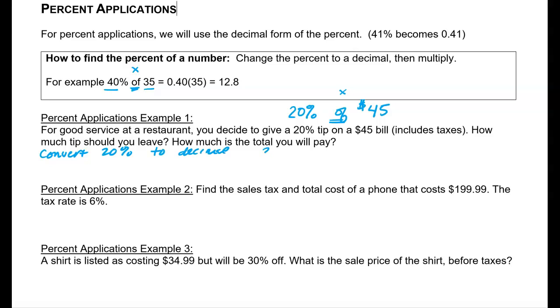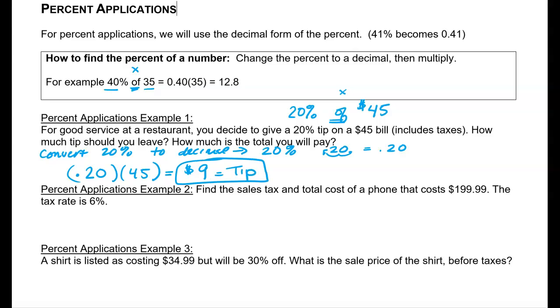We take 20%, drop the percentage sign, and move the decimal 2 spots to the left, which is the same thing as dividing by 100. So we get 0.20, and then we multiply to find the tip. So 0.20 times $45, and you can use a calculator to do that, and you end up getting $9. And so that's your tip.